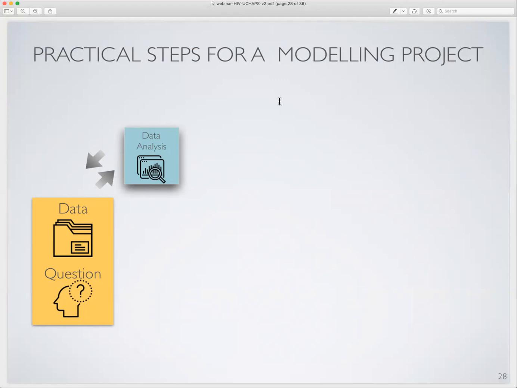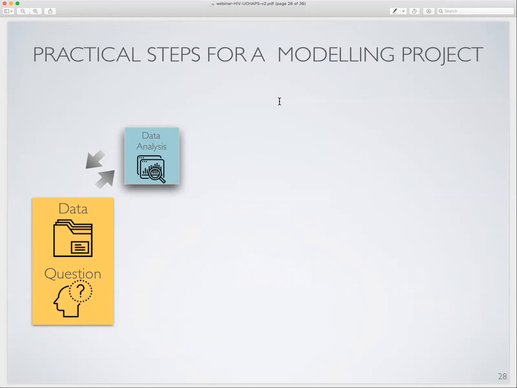So you, as a public health professional, will be a key person by providing, well, first the question, and very often also the data, or part of the data. So it is really critical that the question is defined as clearly as possible. And as we saw in all the examples today, the epidemiological question addressed by the model was always clearly defined.